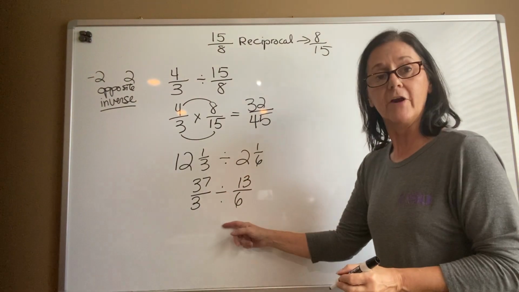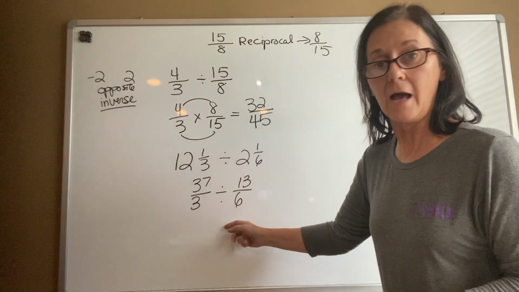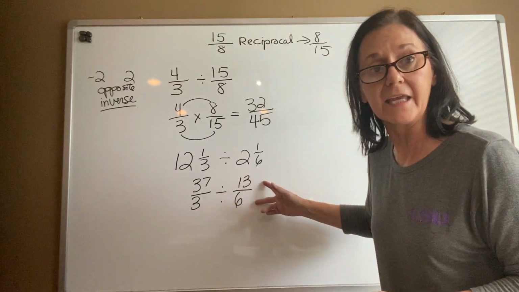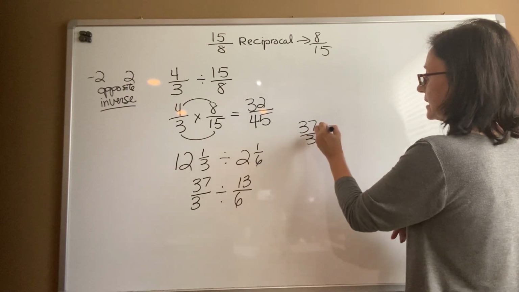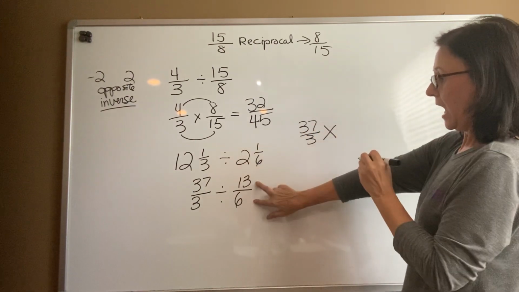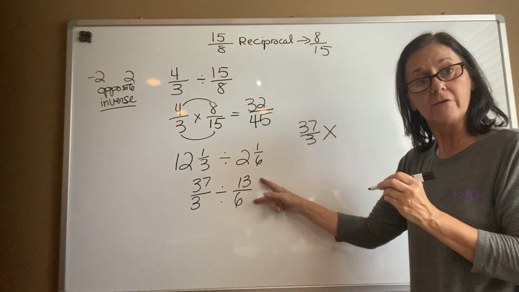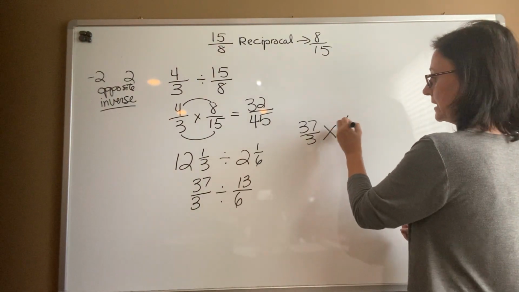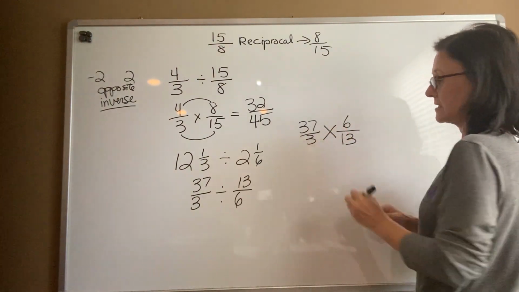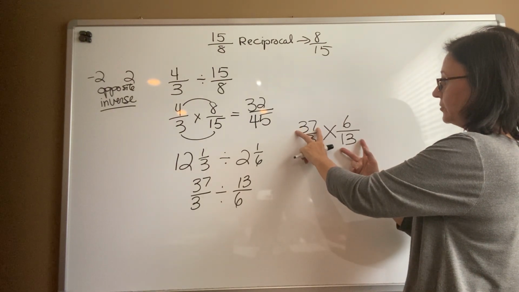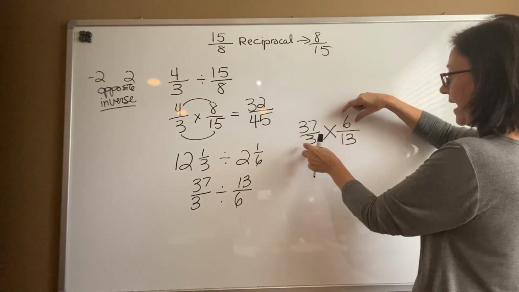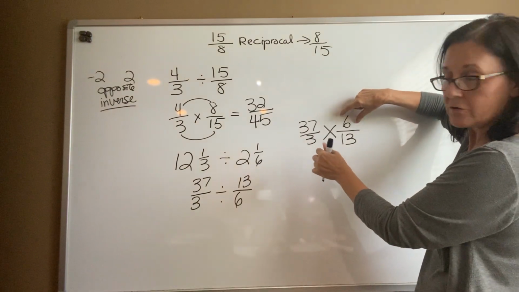Now we never ever divide fractions. We multiply by the reciprocal of the second term. So we take 37/3 and multiply. I move my 6 to the numerator, 13 to the denominator. 6/13. Now, I don't believe any value goes into 13 and 37. However, 3 and 6, 3 goes into both of them.